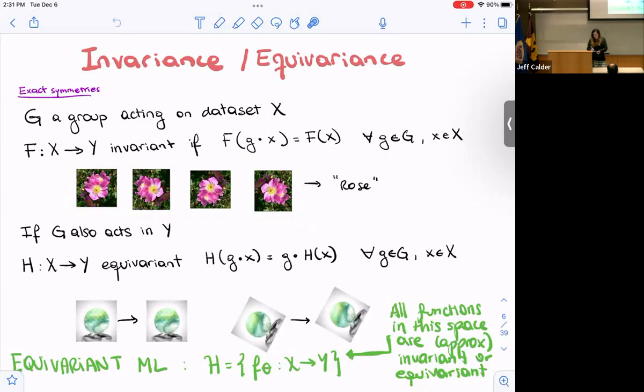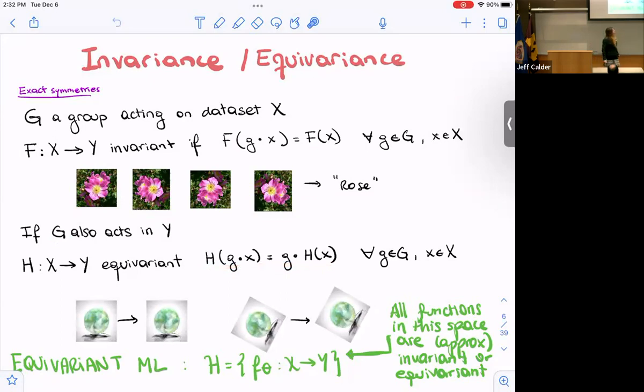I also want to consider equivariant functions, which also require that the group acts on the output. A function is equivariant if every time that I act by the group on the input, the output is acted on by the same group element. The action on the input space and the output space doesn't need to be the same action; you can use different representations, but basically that's it.